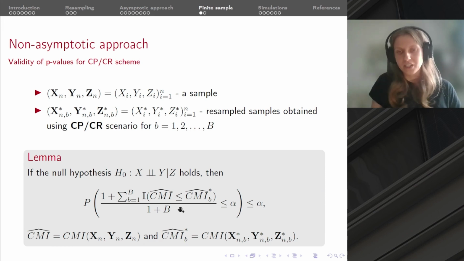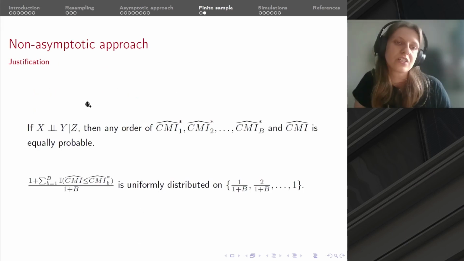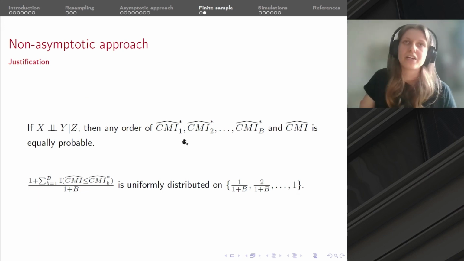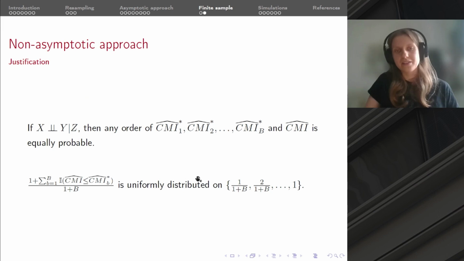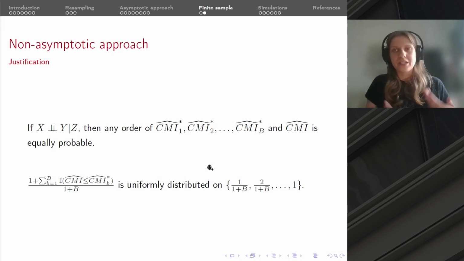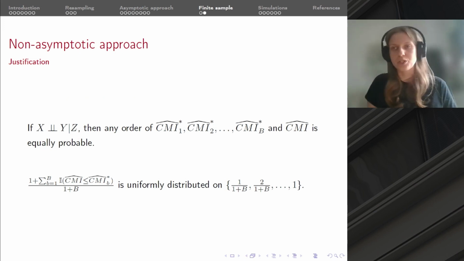So we can use them to test the hypothesis of conditional independence. And that result is intuitive and based on exchangeability. So if we have conditional independence, then using these two resampling schemes, we in fact don't change the distribution of the data.